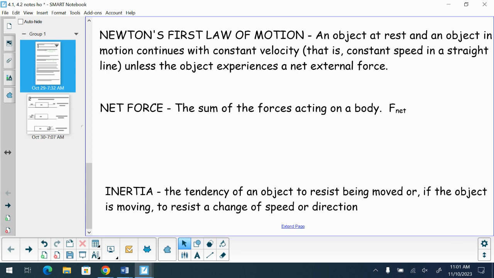It's the tendency of an object to resist being moved, or if the object is moving, to resist change in motion, speed or direction. That is the idea of inertia.